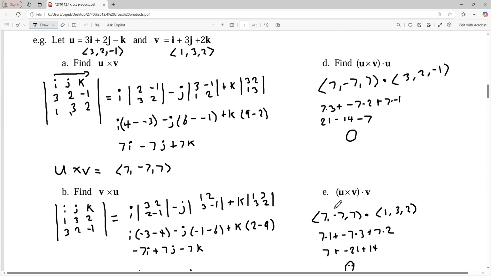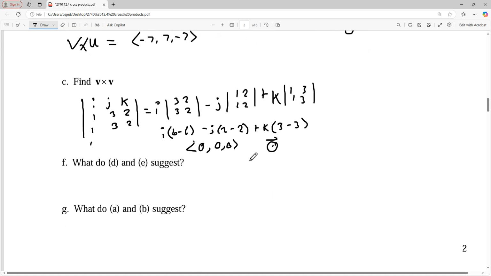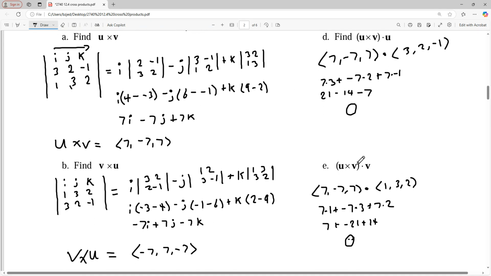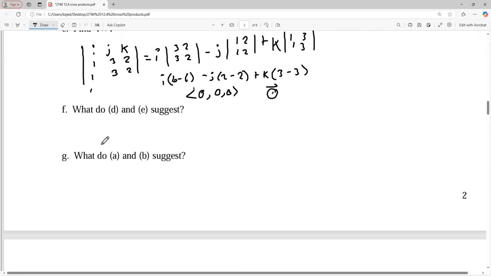So my question to you is, what does that mean? If I look at letters D and E, see how they both turned out to be 0? What does it mean if the dot product is equal to 0? Well, that means they are perpendicular.